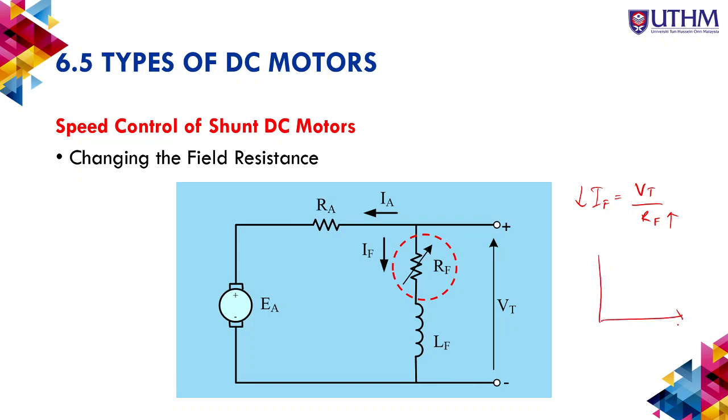Then you look at the graph, If with Ea. You can see the relationship is like this. So when Rf increases and If reduces, Ea will be reduced. Then what happens when Ea reduces?